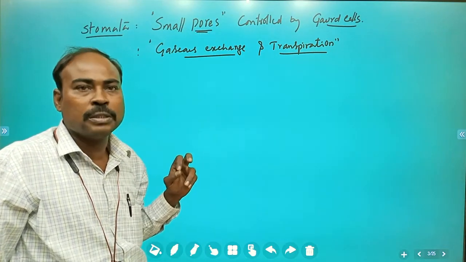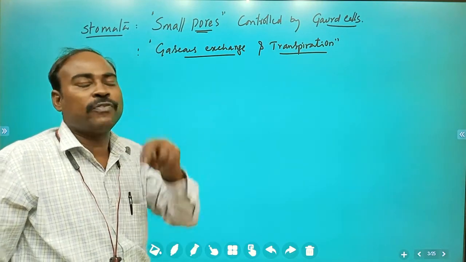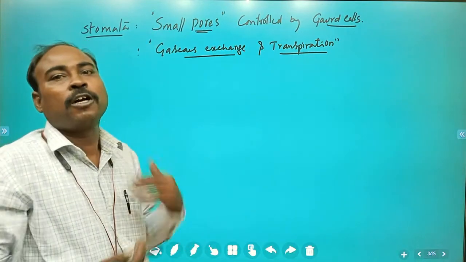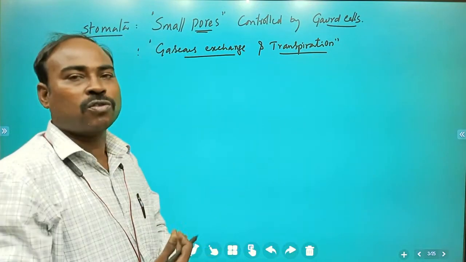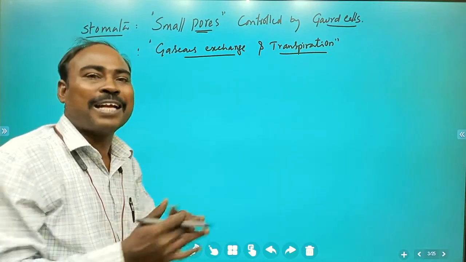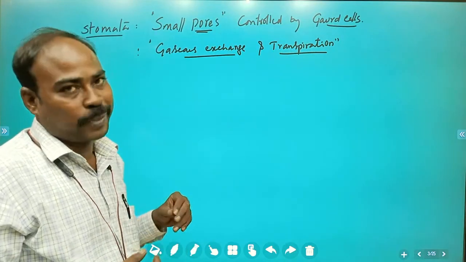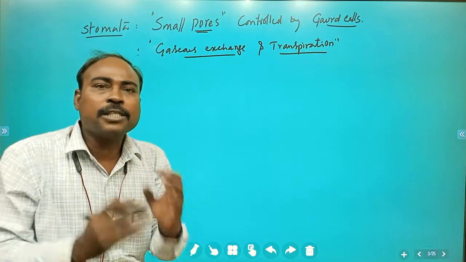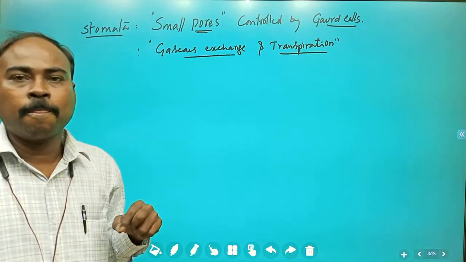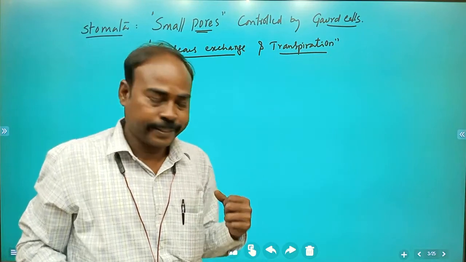The two major functions are, one, gaseous exchange, that means inward movement of carbon dioxide and outward movement of oxygen, and two, transpiration: the excess water released from the plants to the external atmosphere in the form of vapor through small minute pores. Those pores are called stomatal pores, right?